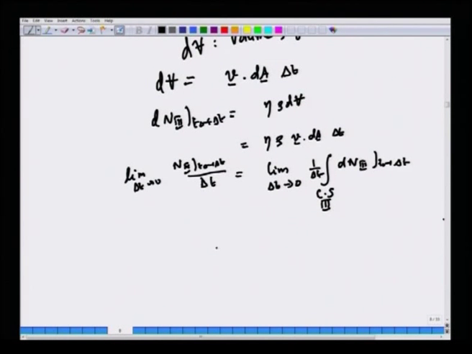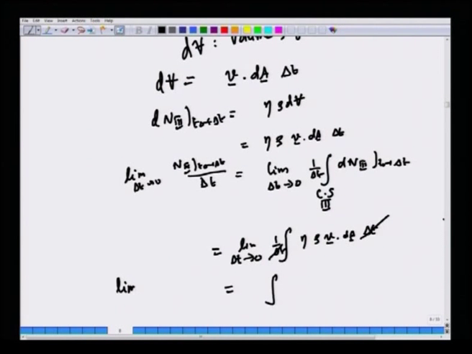So, this is the limit of the integral of 1 over delta t, rho V dot dA delta t. So, the delta t will cancel to give the integral.